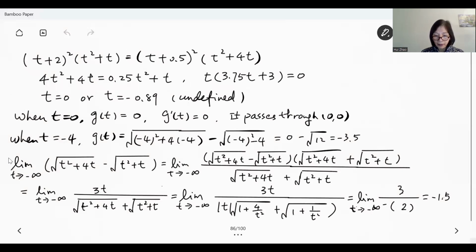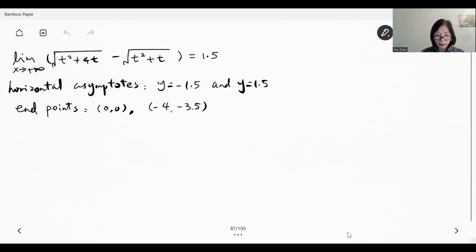We get the second point from here, right? When t equals -4, y equals -3.5, right? So then we can sketch here the horizontal asymptote at 1.5.